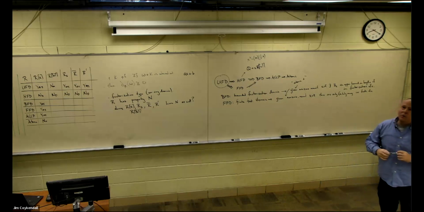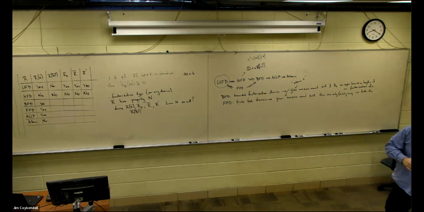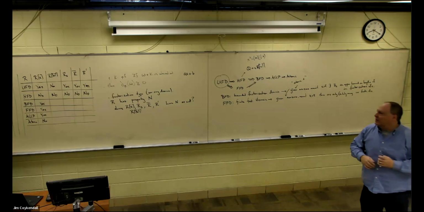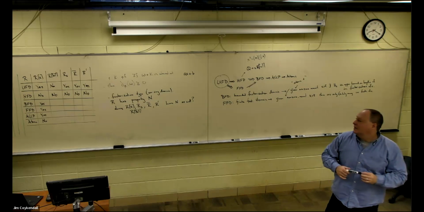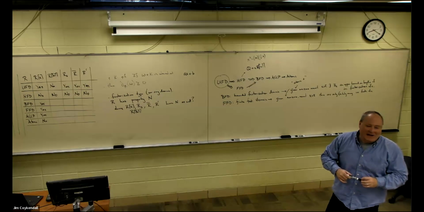This was in a paper by Reutemann in the early to mid 90s. He gave an example of an atomic domain whose polynomial ring is not atomic. Full disclosure, everybody that I know that claims to have read that paper says they don't understand it.